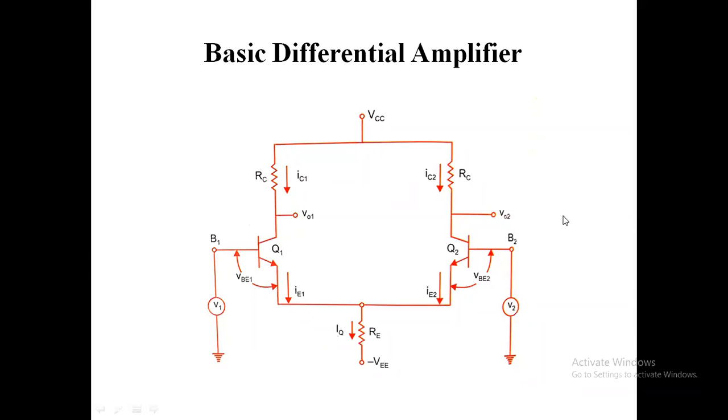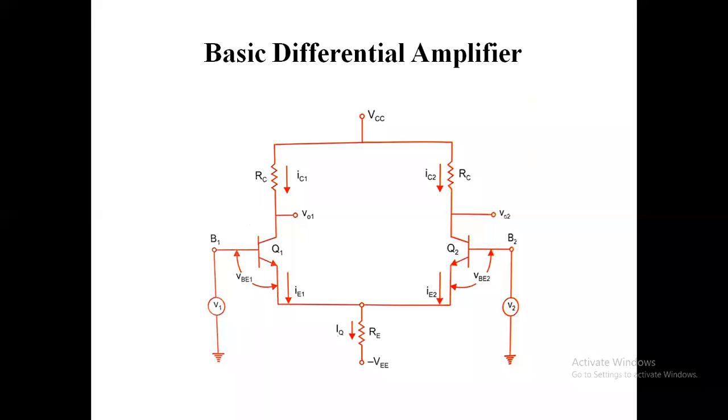This is the output terminal of transistor 2, V suffix O2. So between this input and output there is a phase shift of 180 degrees.